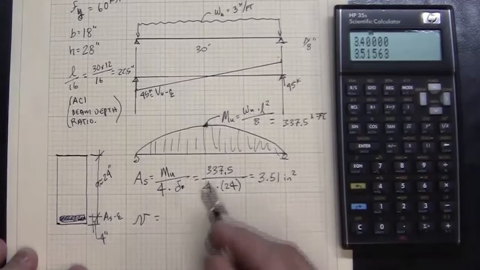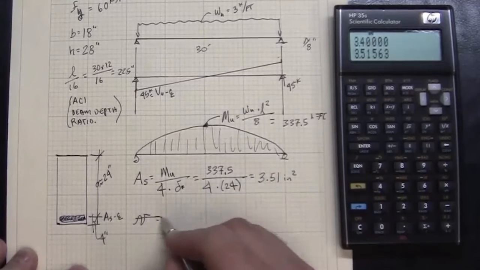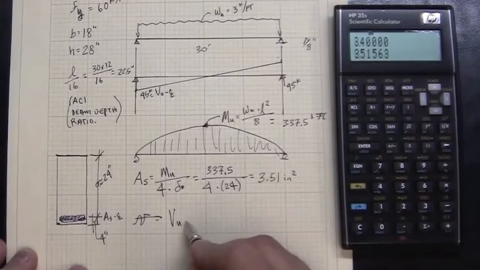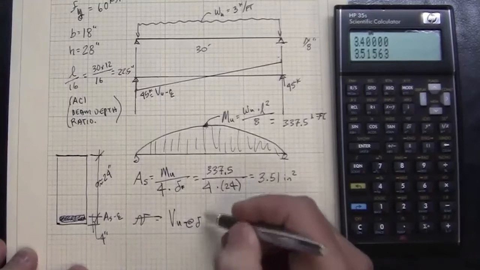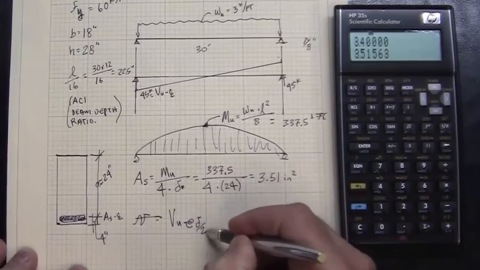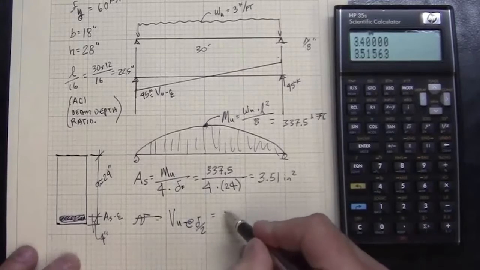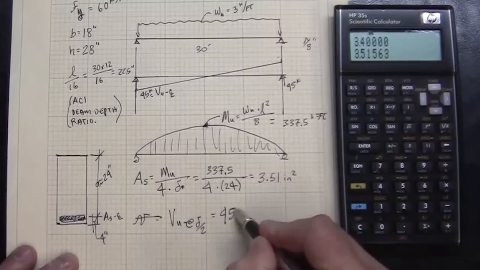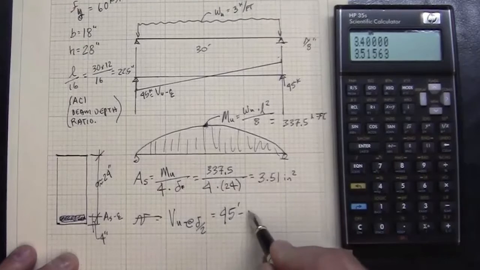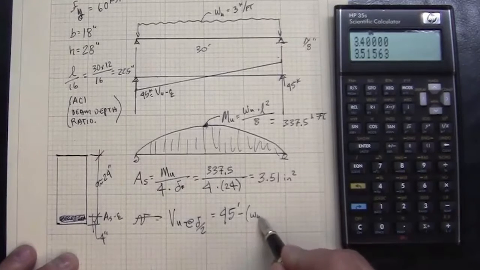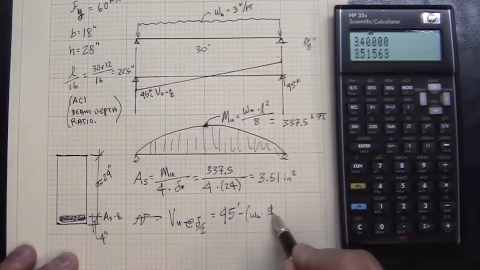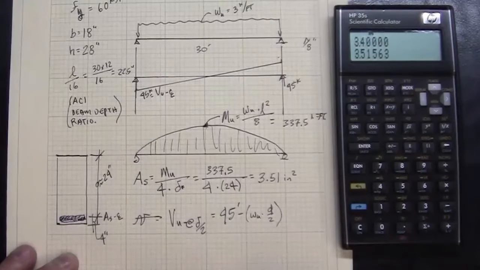If I took my reaction, first let me get Vu at d over 2 away from the support. So that would be Vu, which is 45 kips, minus wu times d over 2.